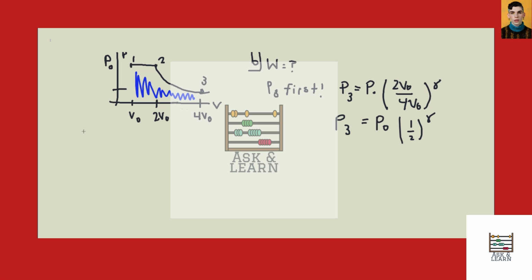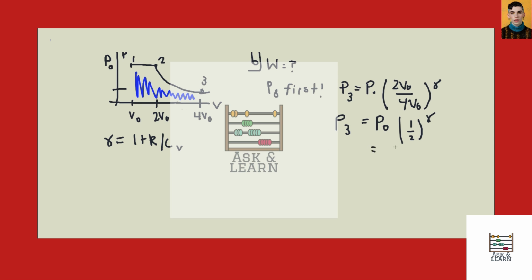And I guess the problem stated that there was a given heat capacity. So it's not in terms of gamma. I just want to put it in terms of CV instead of gamma. So as a reminder, gamma is equal to 1 plus R divided by CV, where R is the gas constant.